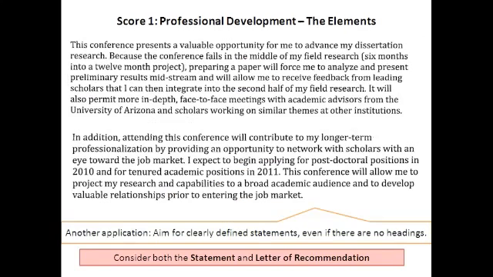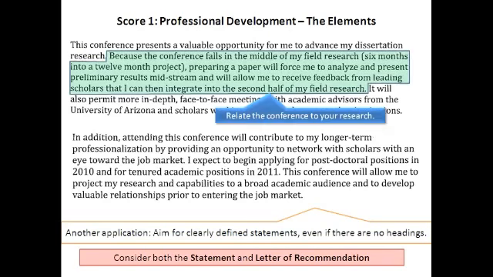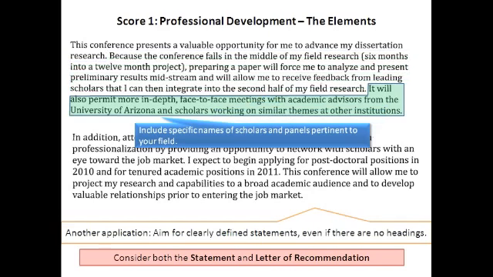These are some of the basic elements to include in explaining your professional development. First, relate the conference to your research. How is the conference relevant to and helpful for your research? Second, include specific names of scholars and panels in the conference who are important for your research.